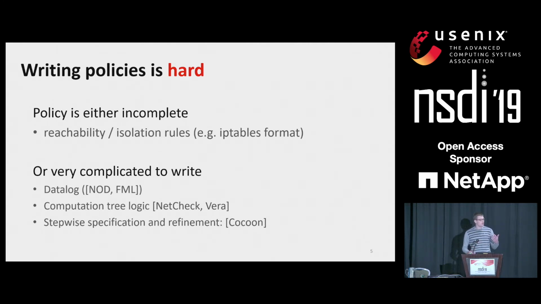Specifying all the behaviors that a network is intended to achieve is complicated because it implies writing a lot of temporal logic queries or Datalog queries. And this requires a lot of expert time and expertise in both networks and formal verification tools.